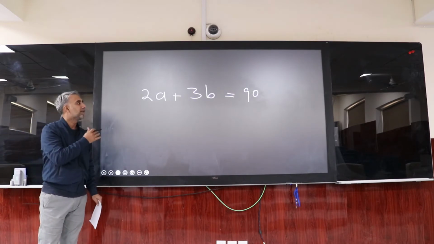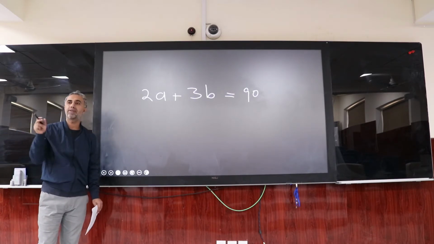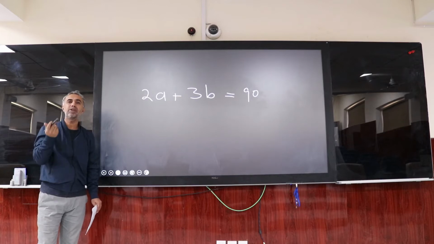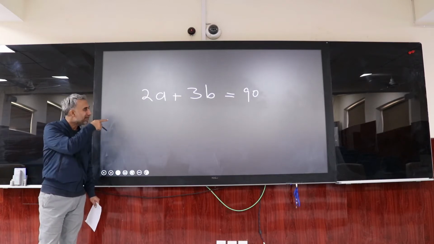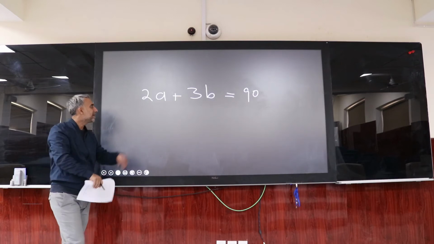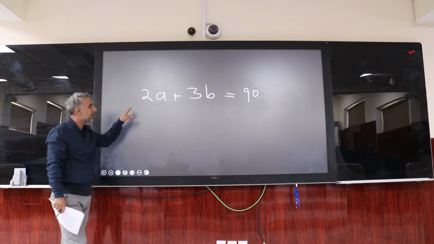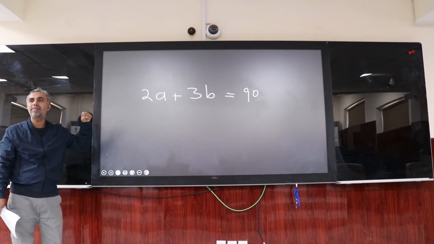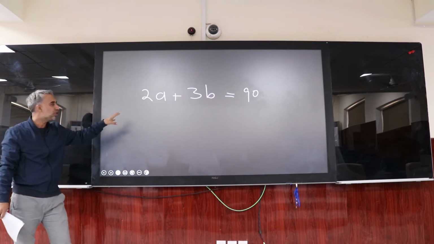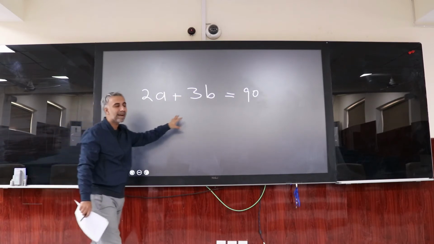So in this case, we need to check the fruit shops in the surroundings and check the rates. The coefficient of apple, the amount of apple, can be increased or decreased, but it should be a combination of apples and bananas.